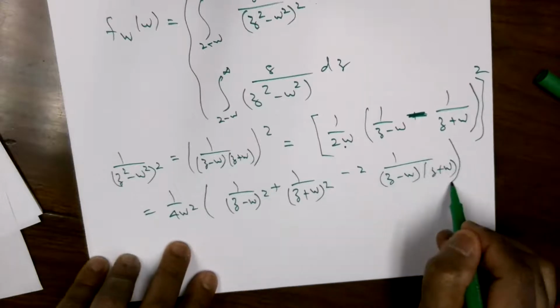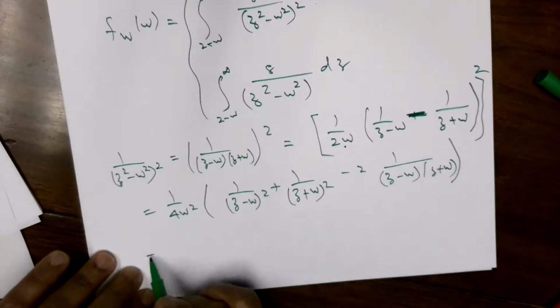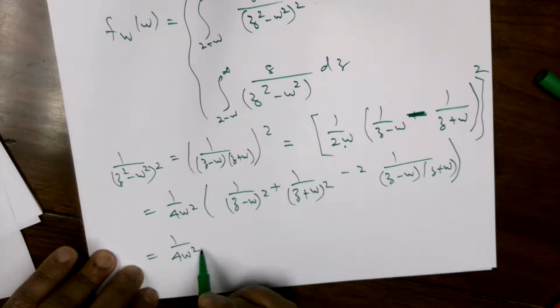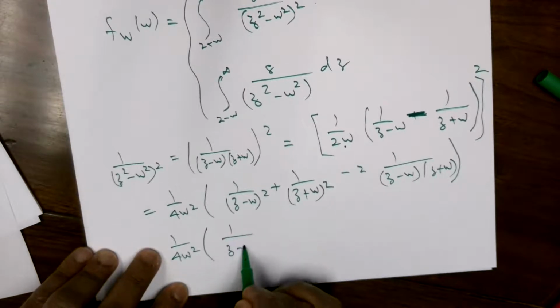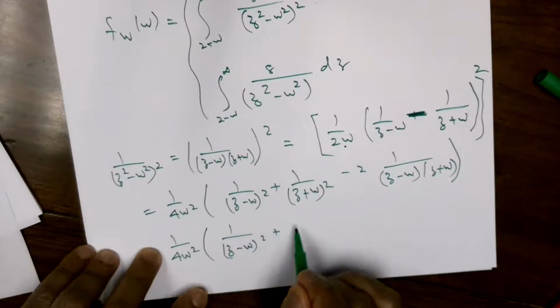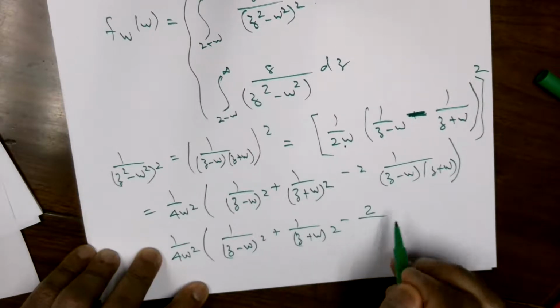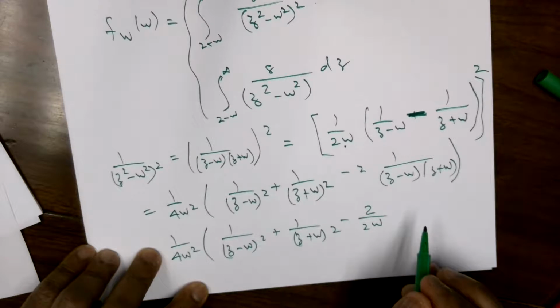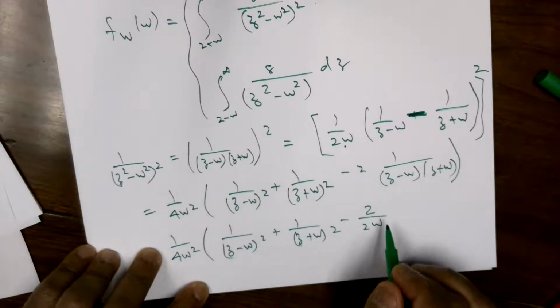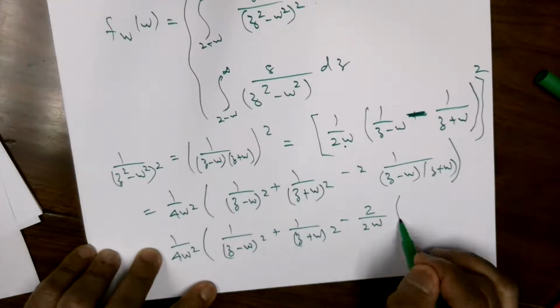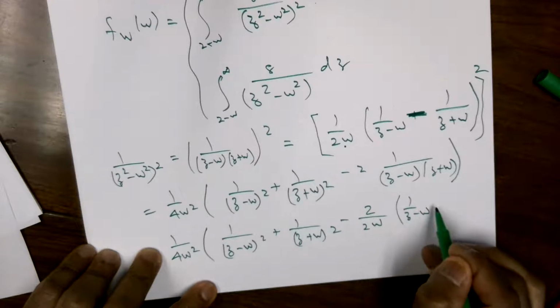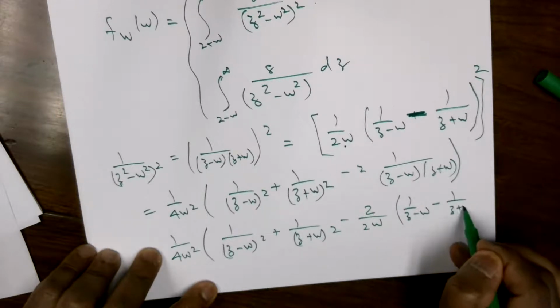So I'll write one more line, z minus w multiplied by z plus w, which I am going to rewrite as, once again bringing the 2w downstairs, 1 over z minus w minus 1 over z plus w.